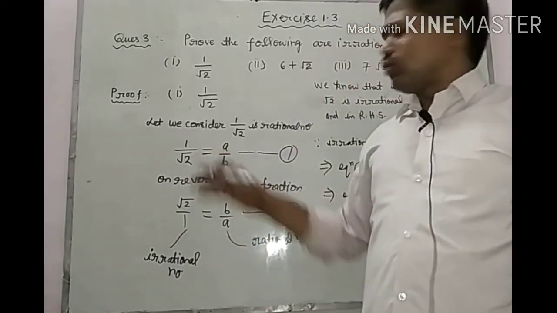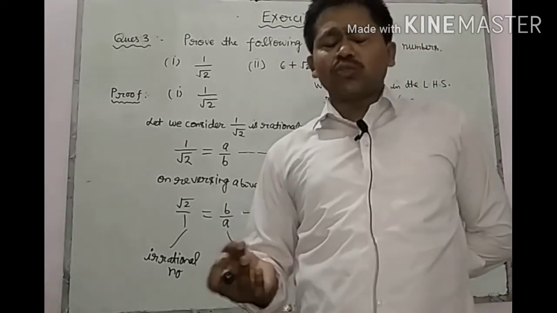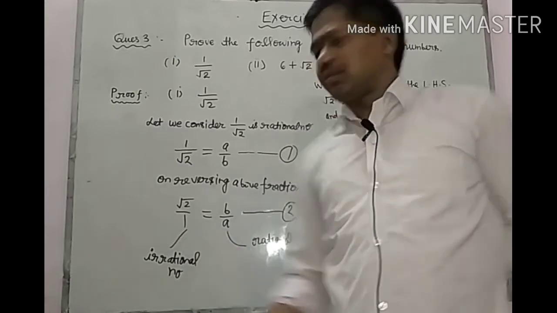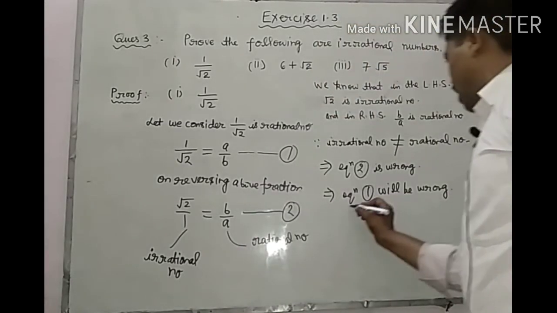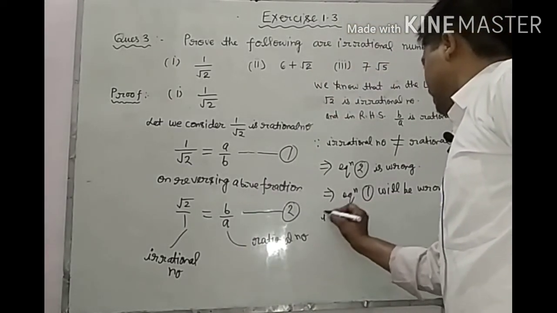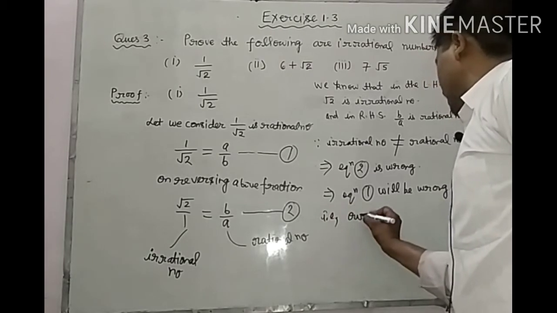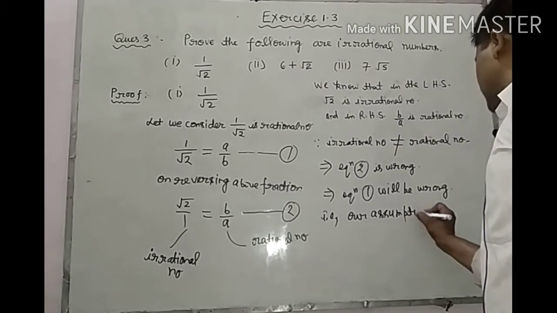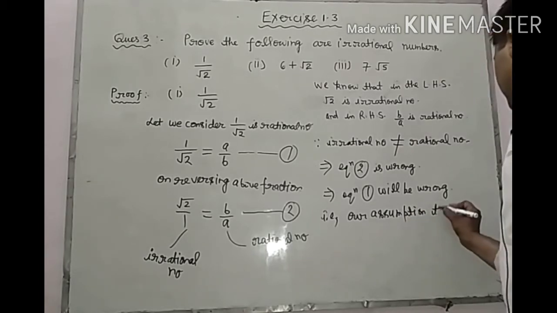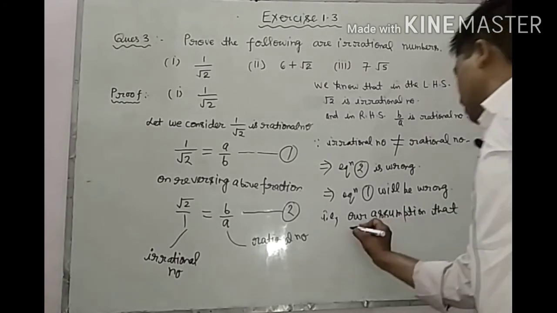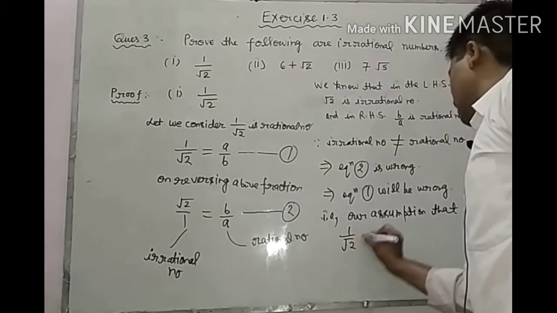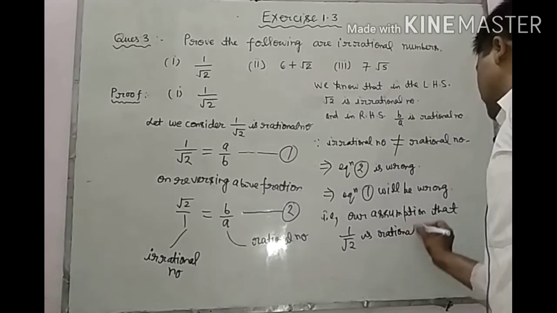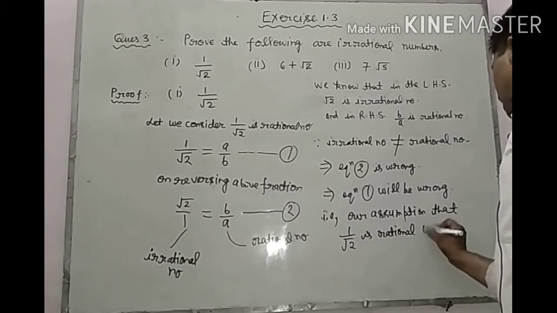Since 1 upon root 2 cannot be equal to a rational number, our assumption that 1 upon root 2 is rational is wrong.